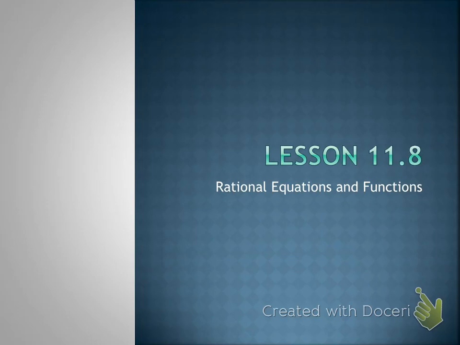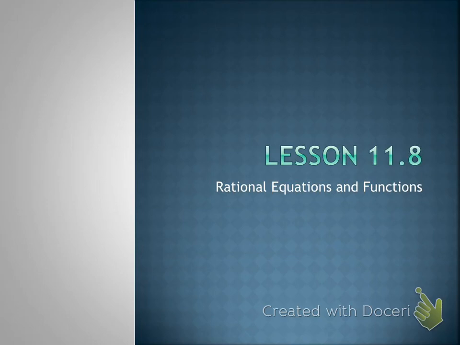If you remember, what we've done in lesson 11.4 to 11.6 is we simplified fractions, we multiplied and divided them, and we added and subtracted them. And then in lesson 11.7 yesterday, we learned how to divide polynomials. Now, when you divided the polynomial, you technically had to simplify a fraction, so you used what you learned in 11.4.